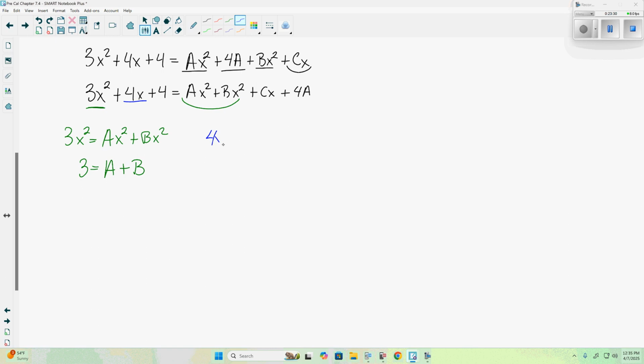Well, 4x should equal cx, or really 4 is equal to c. Do I need to do anything else to find c? No, it solved itself. And the last piece is our constant term, 4 is equal to 4a.